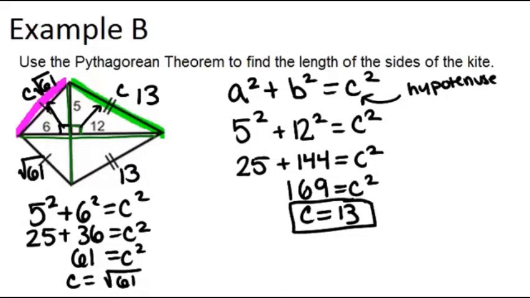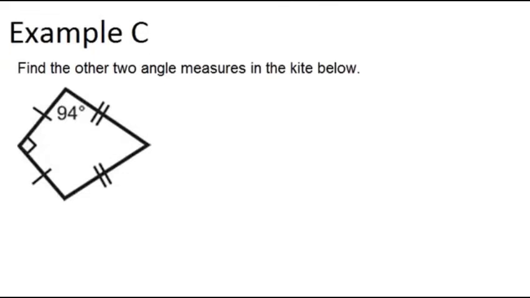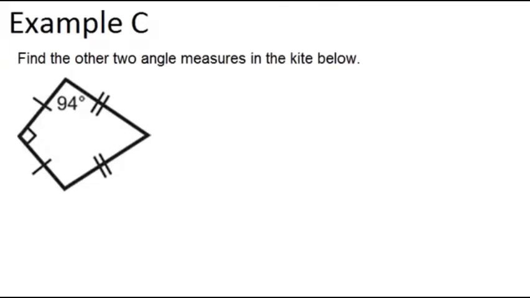All right, let's finish off with example C. Find the other two angle measures in the kite below. We're given a 94-degree angle and also a right angle, which would be 90 degrees. Now remember that the non-vertex angles, this angle and this angle, are always congruent. So this angle is also 94 degrees.